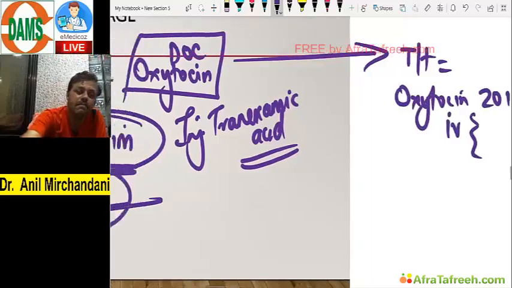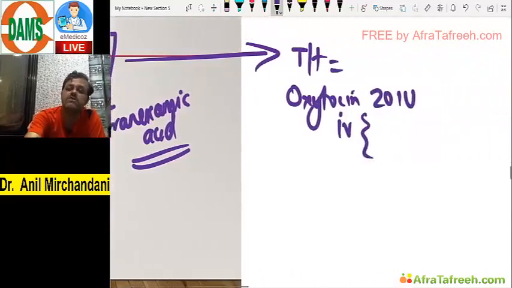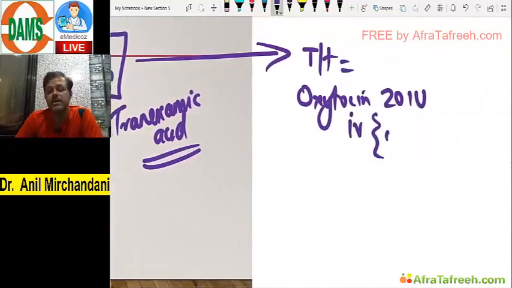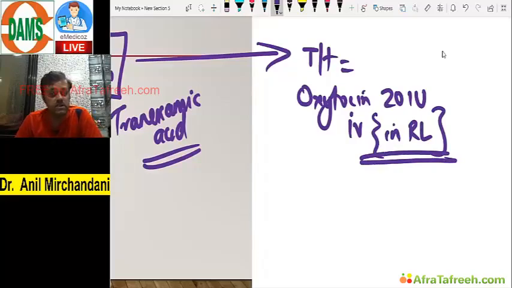Here IM or IV is allowed, 10 international unit IM or IV. Here the dose is 20 international unit IV in Ringer lactate diluted solution. Got it? Very clear? Alright, so oxytocin is the drug of choice in prevention and treatment of PPH. I'm not going into the details of treatment of PPH, but remember this, oxytocin is the drug of choice.